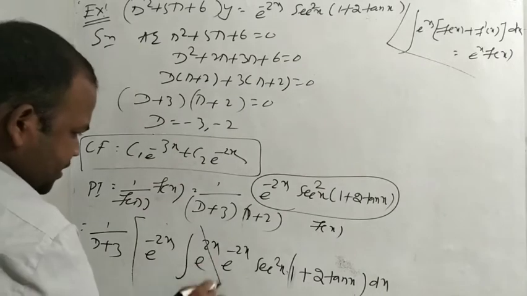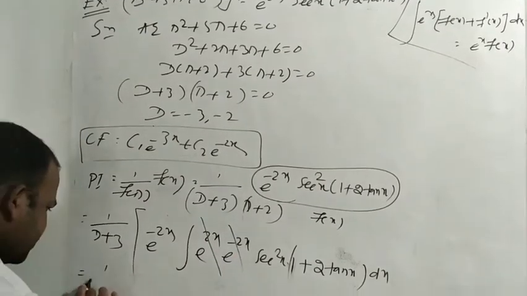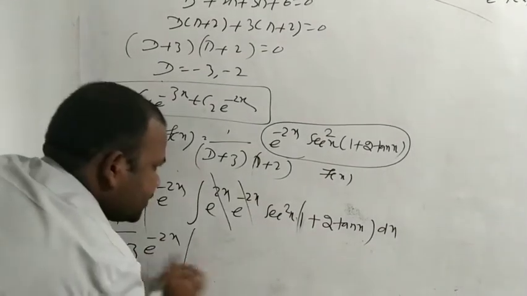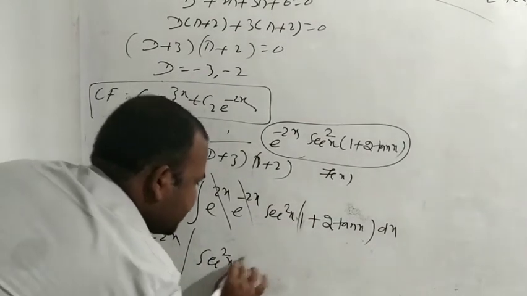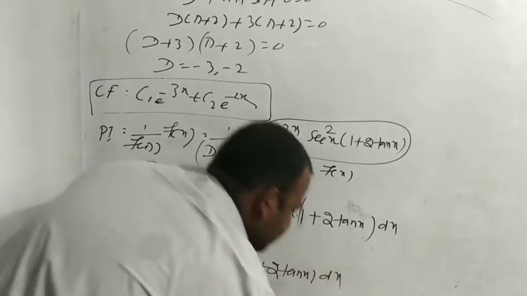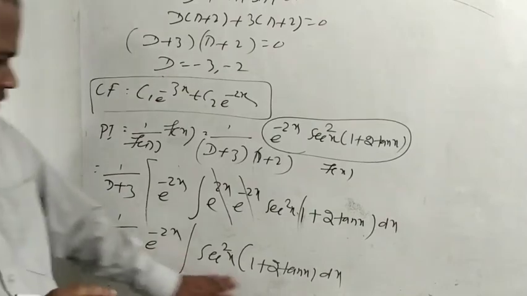So e raised to 2x, e raised to minus 2x, that is cancelled. So this is 1 upon D plus 3 e raised to minus 2x into sec square x 1 plus 2 tan x dx. So now you will find out the integration of this one.